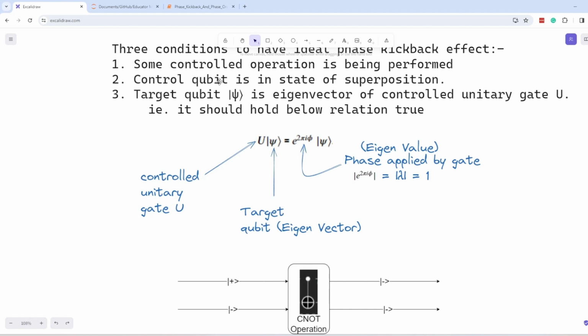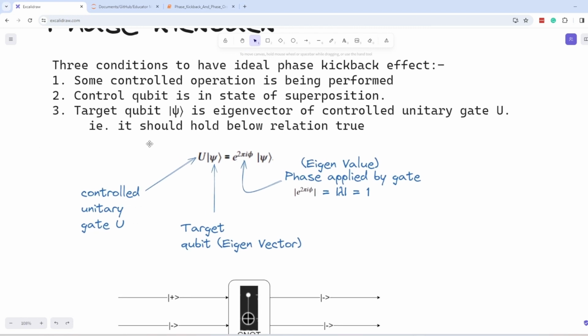Then another condition is that the control qubit should be in a state of superposition. Yeah, it's the plus state here. And then the target qubit psi, this one, should be an eigenvector of the controlled unitary gate U. What this means is that it should hold this equation true.